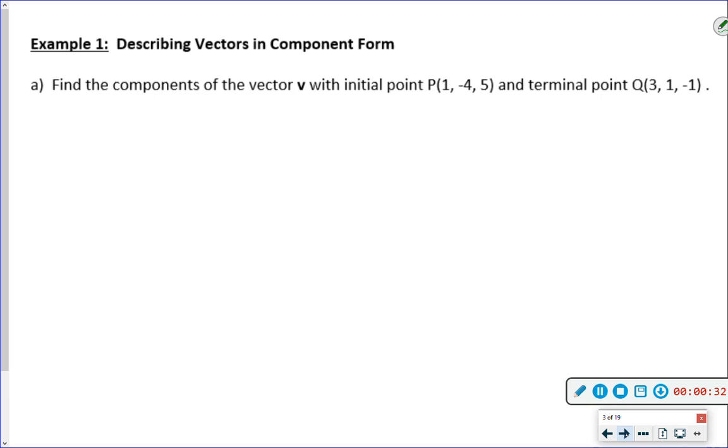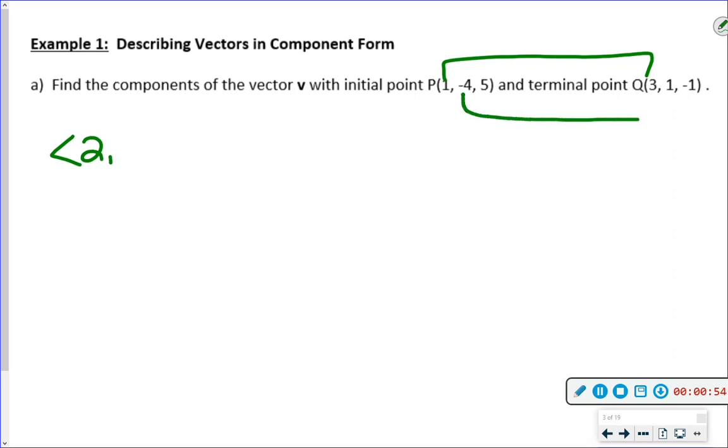Find the components of the vector with initial point (1, -4, 5), x, y, z, and then your ending point (3, 1, -1). So they want it in component form, so make sure you use the correct symbols. And then obviously just a little mental math. From 1 to 3, really tough question here, you went up how many? 2. And then do the y's.